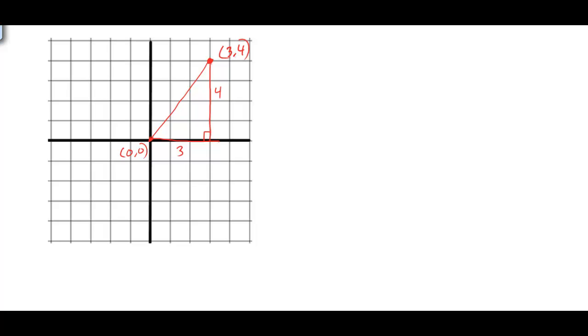And we could plug this into our formula to find the hypotenuse here, and I'll label that as x. So if we're looking for this variable, our unknown side here, we could certainly then say x squared, that's the hypotenuse, is equal to 3 squared plus 4 squared.